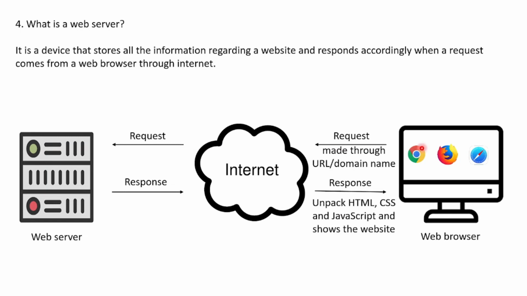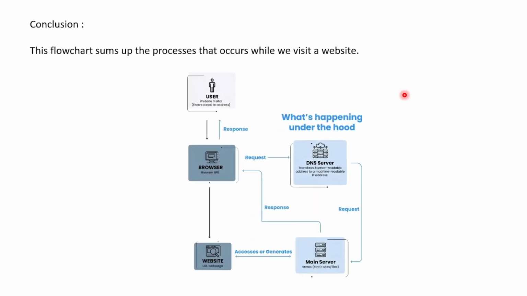Now, if I come to the next part, we have to understand this chart. Let's suppose you are a user, you enter some website to search. What will happen? This website will go through the browser. Now, the browser will take the URL, and that URL will be used for the DNS server. Now, what is a DNS server? It is actually a server which contains all the DNS. DNS is nothing but the same thing that I already told you.